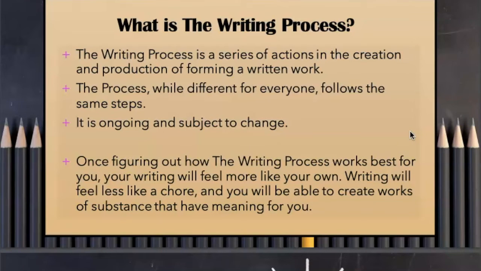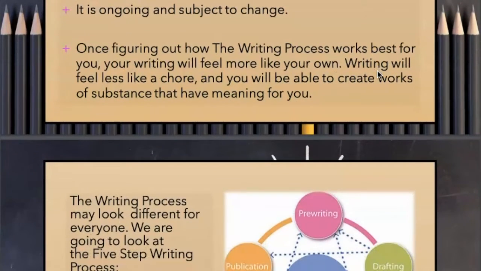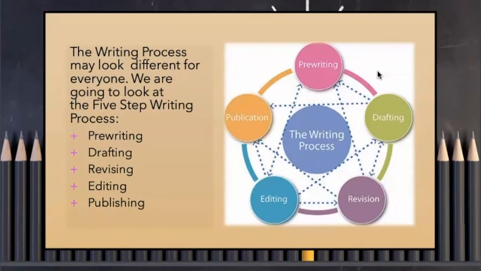And throughout time, you're going to figure out what works best for you, and your writing will become more of your own. You can start putting a flair on it, and really your writing is going to become your voice throughout college. Like I said, it's different for everyone, but as you can see here, it has all the same 5 steps of writing.